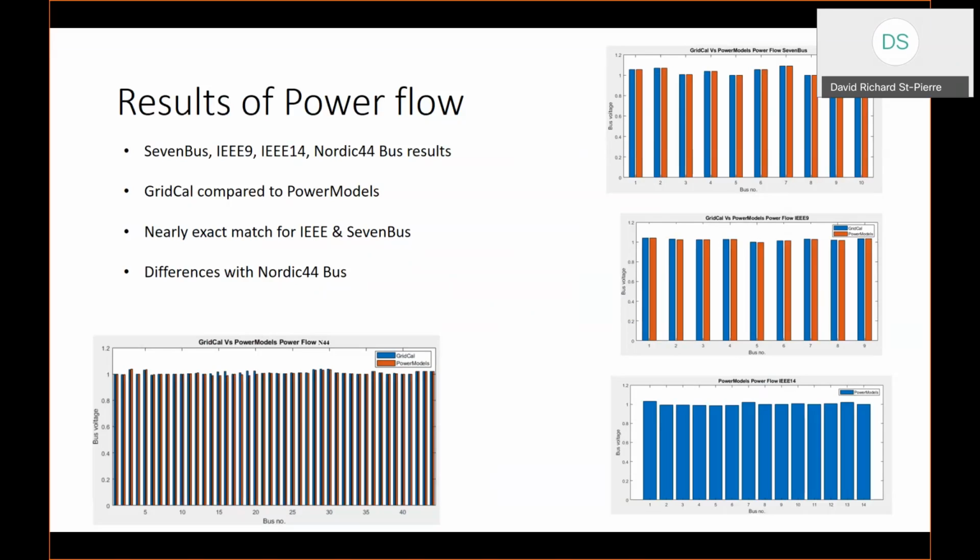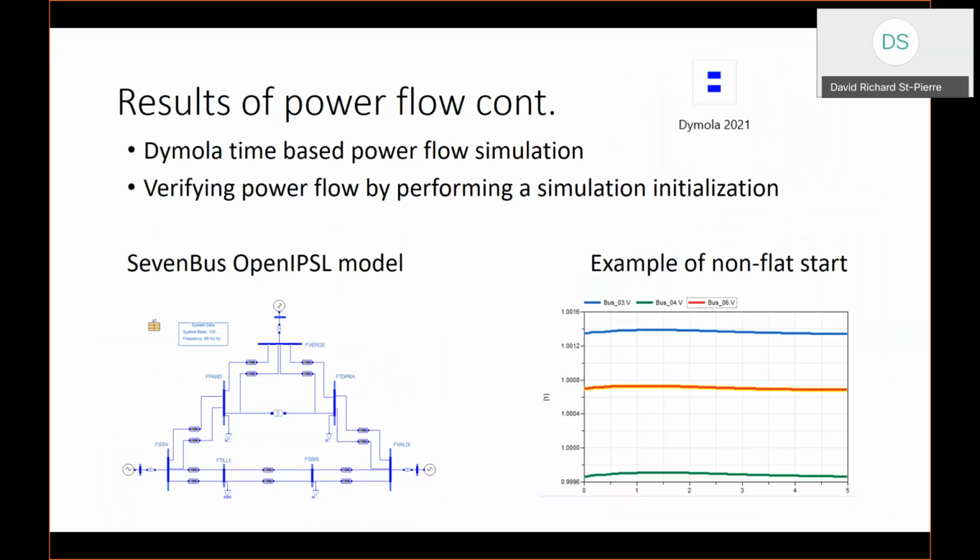dynamic PowerFlow solution. And that was the next part of my project: now that I've done the PowerFlow, I need to verify that the solutions and the records that I've created are valid. To do that, I import those solutions into Dymola along with an OpenIPSL model.